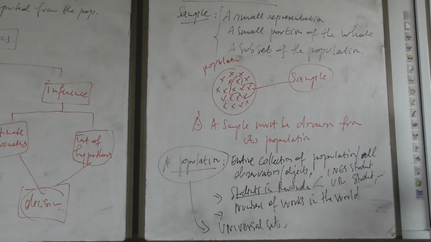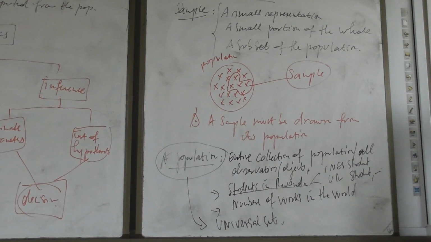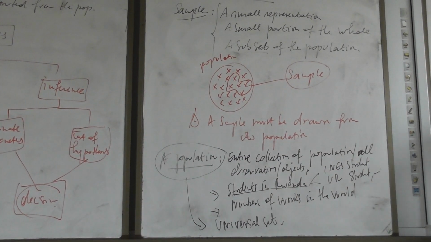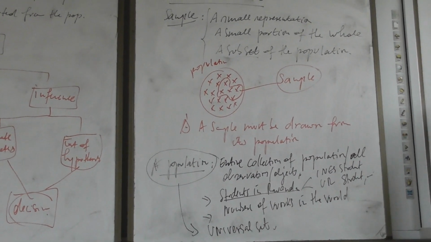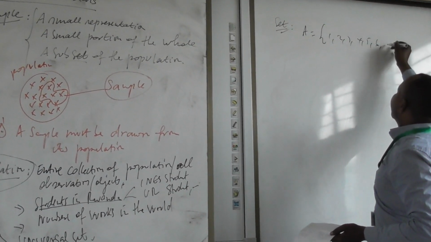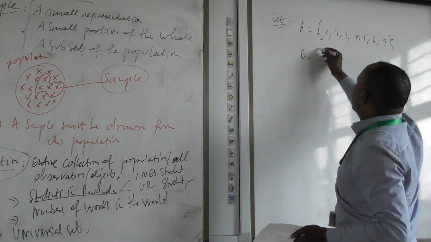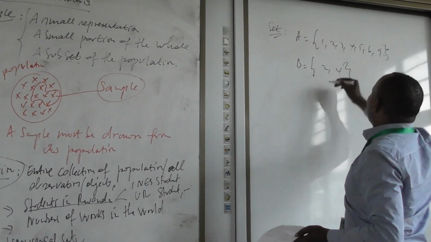When we talk about sets, you understand very well. You may have a set A: 1, 2, 3, 4, 5, 6, 9. And you may have a set B: 2, 4, and so on.